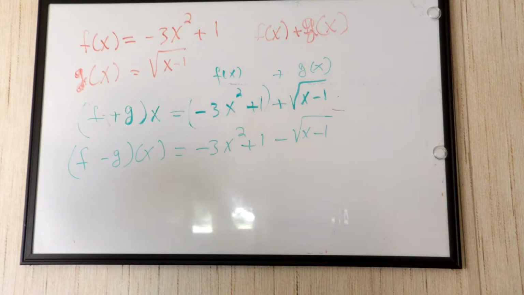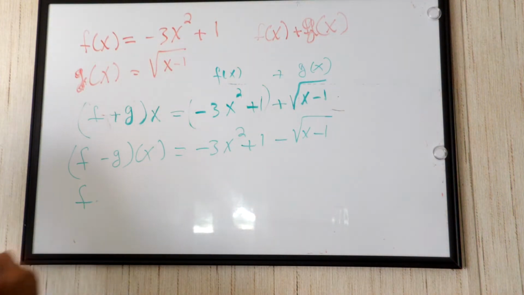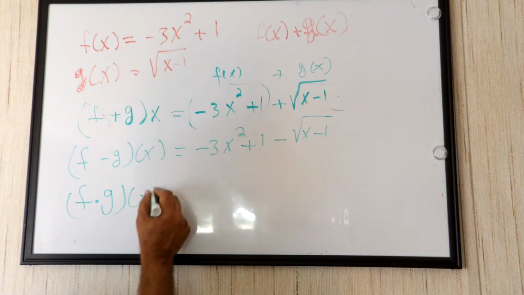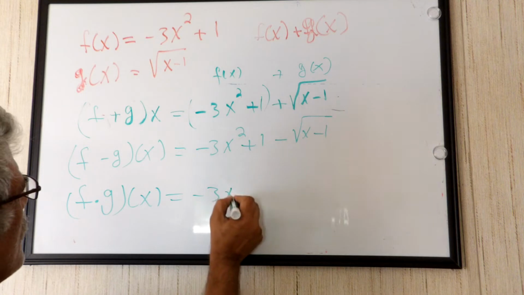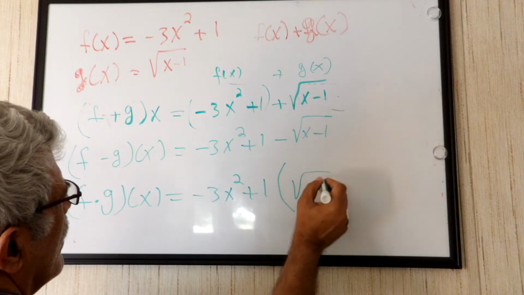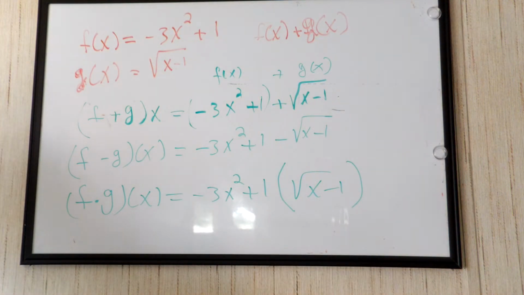How about the multiplication? We say f times g of x: minus 3x squared plus 1 times this one.